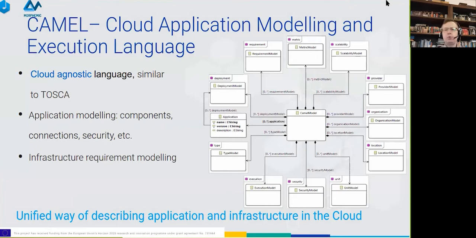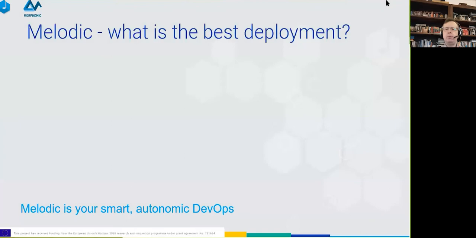It allows also to describe the requirements for the infrastructure. So for each component, we can determine the requirements, what size, what type of infrastructure is required. And it is modeled as user requirements, constraints, and utility. About utility, I will tell a bit more in a moment. So you can consider CAMEL as a unified way to describe your application in the multi-cloud.